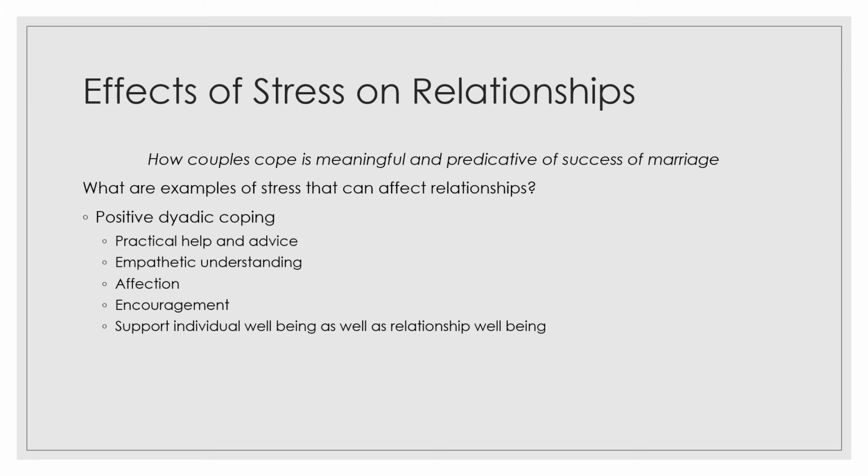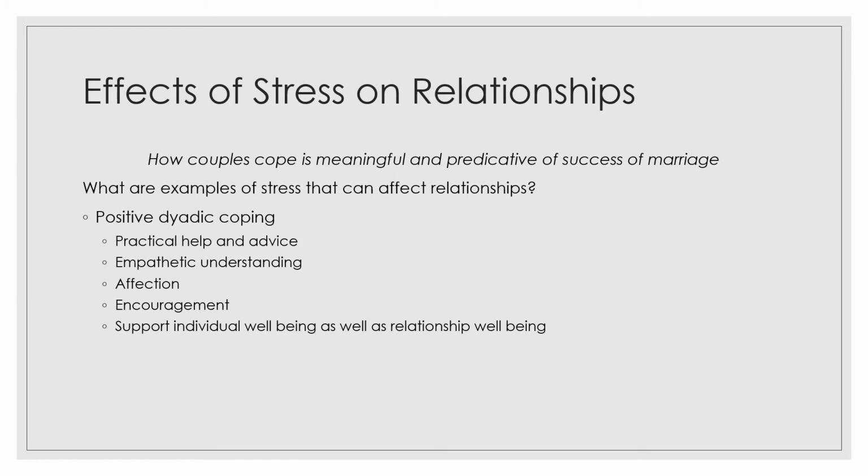Of course, encouragement. And then supporting the individual well-being as well as the relationship well-being. It's important to remember, as we talked about Bowen's family systems theory a few weeks back, and that differentiation piece, that these two individuals in this spousal relationship maintain a level of differentiation.